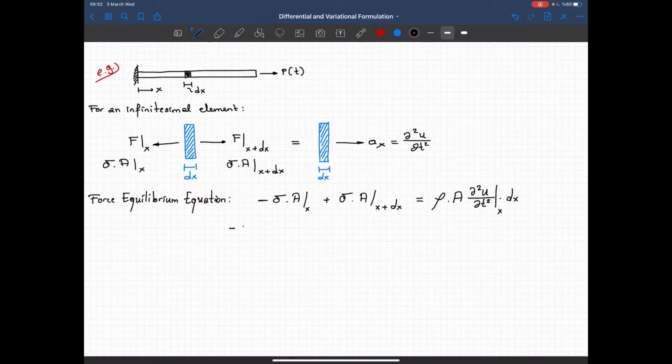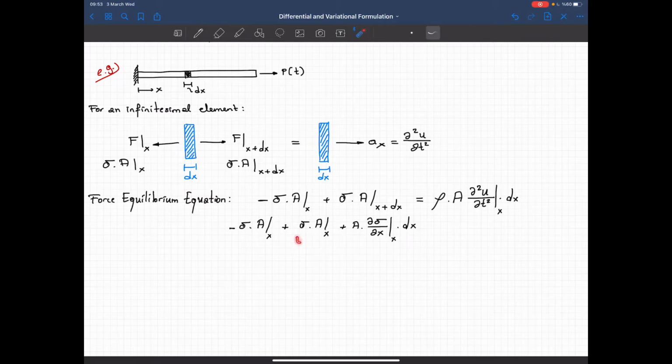So I will just rewrite this equation in the following form. I have minus stress times area at x plus stress times area at x plus area, the change in stress with respect to length, delta stress over delta x, multiplied with the length of the member.